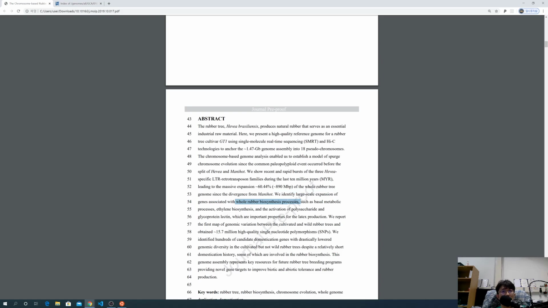Some of them are really related to the biosynthesis process, such as basal metabolic process. So these are very important for latex production. Interesting.